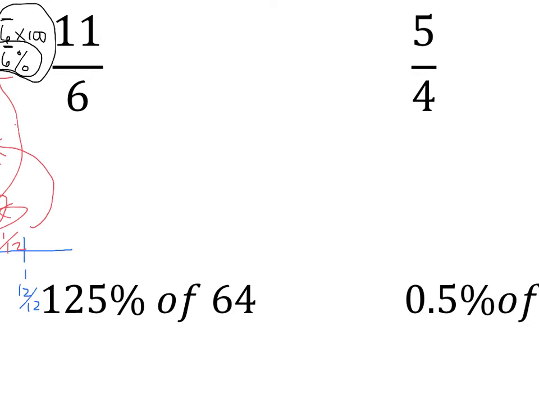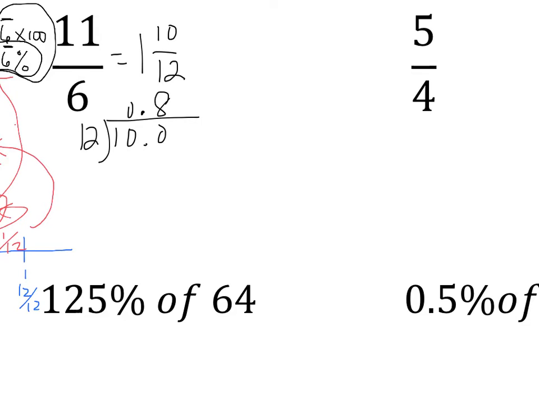And for 11 over 6, again, you can rewrite this as 1 and 10 over 12, and simply do division. Okay, and this would be 8, 96, 40, and then 12, 3, 36, 40, and then you see it's beginning to repeat, so it should be 0.83 with a 3 repeating.